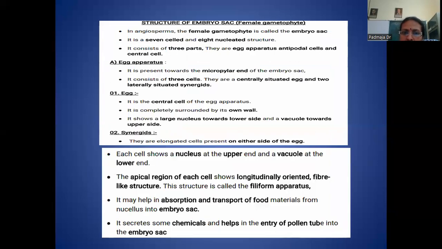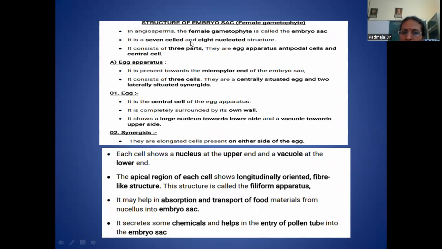And this is the structure of a matured female gametophyte, or the embryo sac. In angiosperms, the female gametophyte is called the embryo sac. It is a 7-celled and 8-nucleated structure.